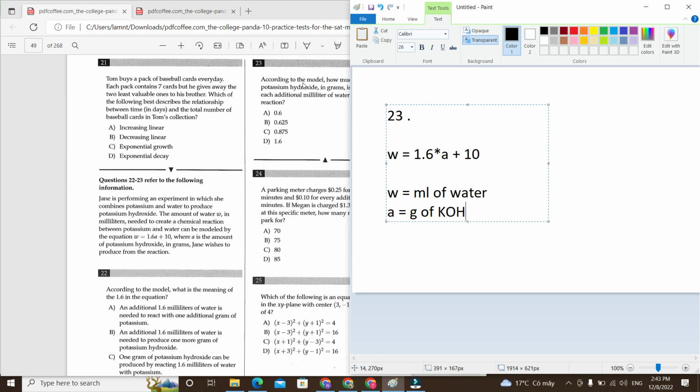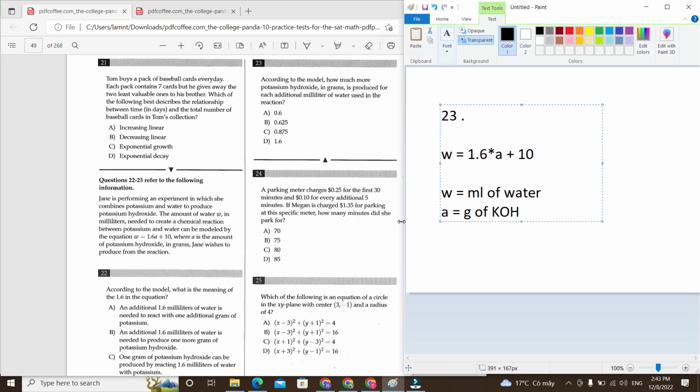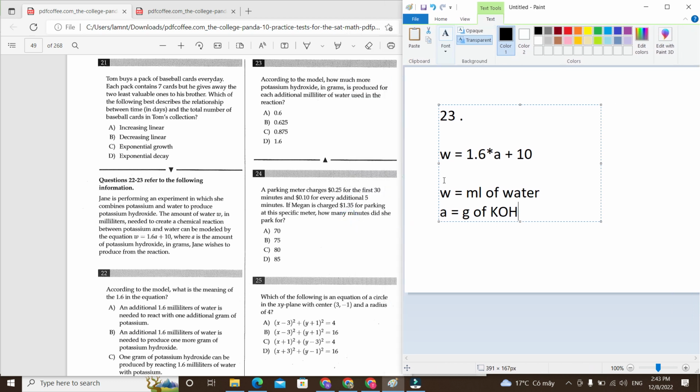So how much more potassium hydroxide in grams is produced for each additional milliliter of water used?